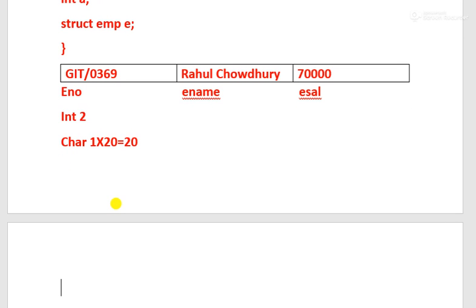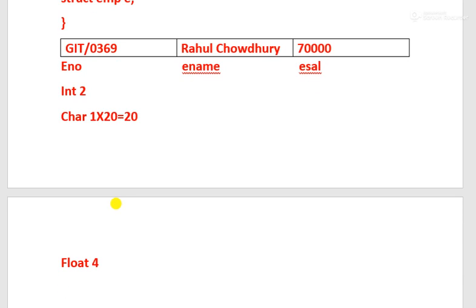And float will take 4 bytes of memory. So total, 26 bytes of memory we need.